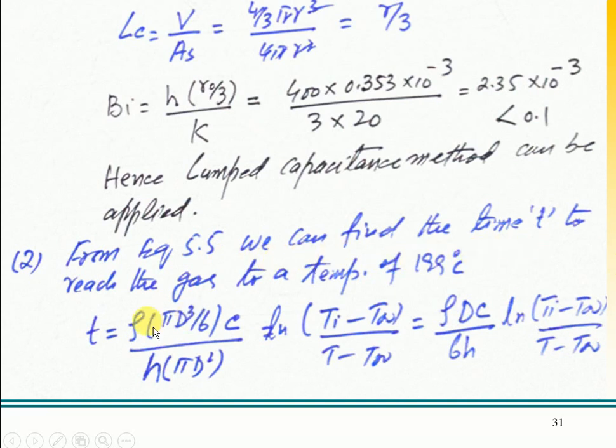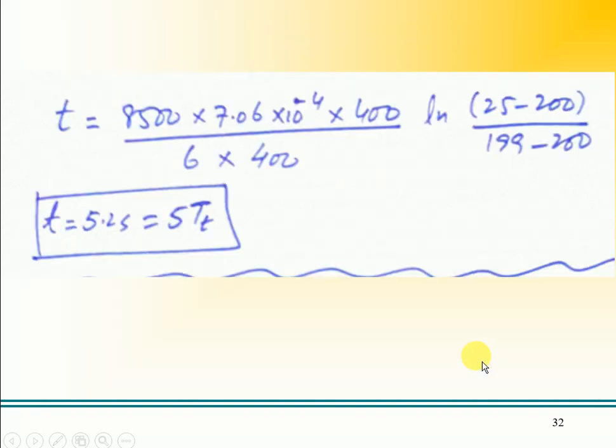Now, from equation 5.5, we can find the time t to reach a gas temperature of 199. This is another question. So t is equal to rho pi d cube by 6 c h pi d square, replacing the volume and the surface area, times ln of Ti minus T infinity over T minus T infinity. That equation we have already discussed.